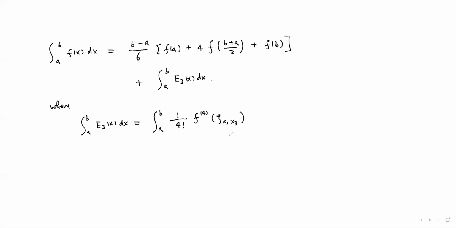And then times (x minus x0), (x minus x1), (x minus x2), (x minus x3) dx. This is the error. Now let me compute the integral. Because x3 is arbitrary.